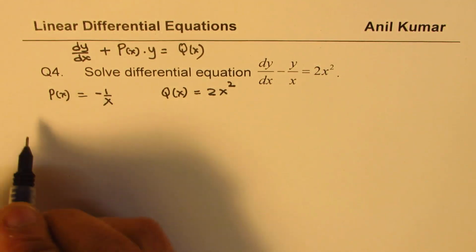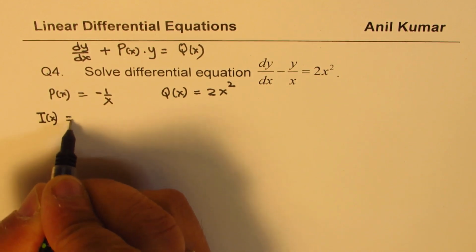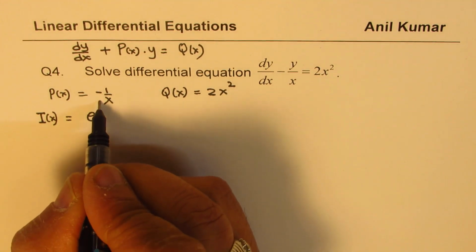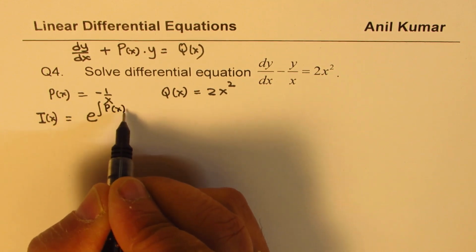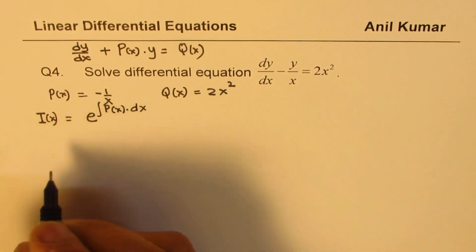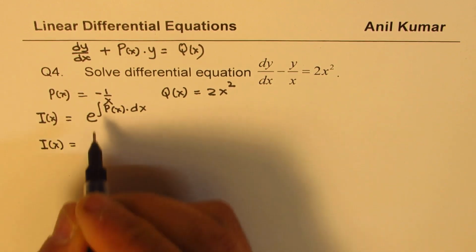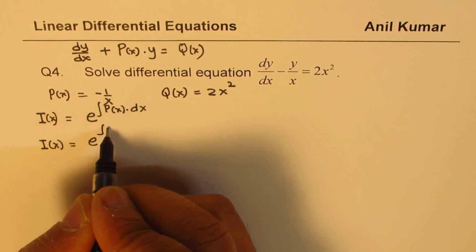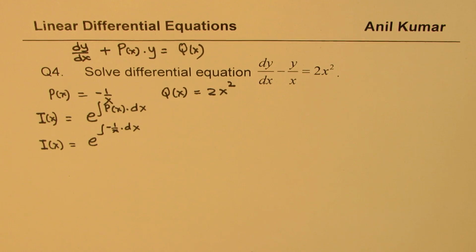So from p of x, we get our integrating factor, I of x, right? So the integrating factor is e to the power of the integral of p of x, let's write the general equation here. So the integrating factor, I of x, is equal to e to the power of the integral of minus 1 over x dx, correct?